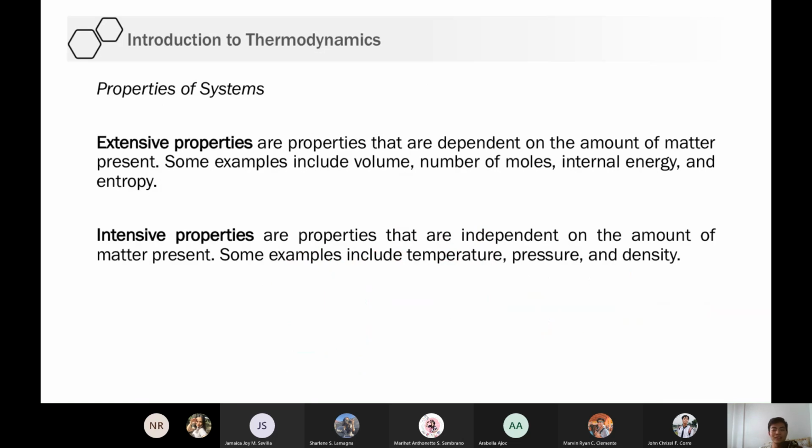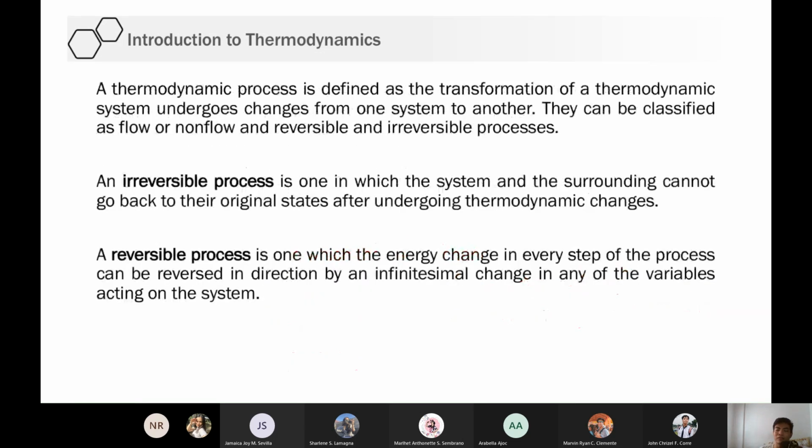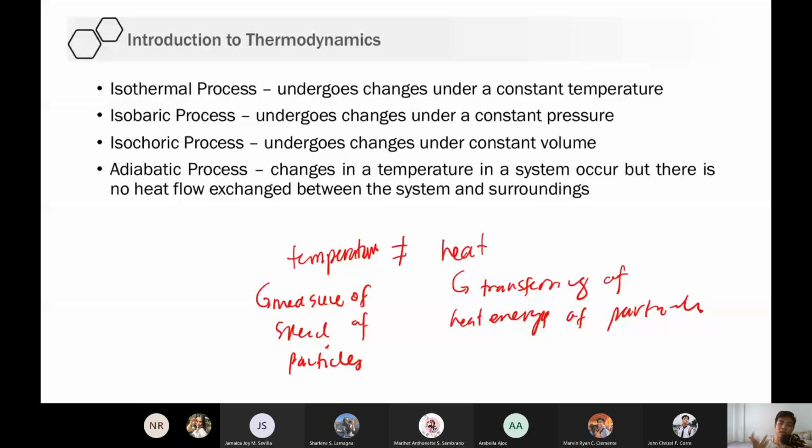Okay, so yun yung mga processes that our particle or our energy could undergo, no? We have reversible, the slow changes, the irreversible, yun yung sudden changes na hindi na siya makakabalik sa original state. You have the isothermal, constant temperature changes, isobaric, constant pressure changes, no?